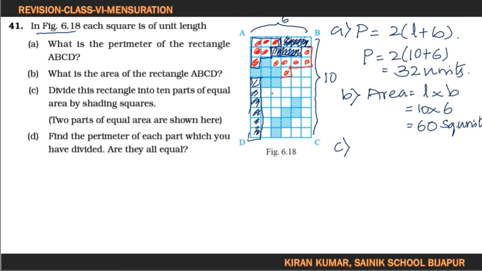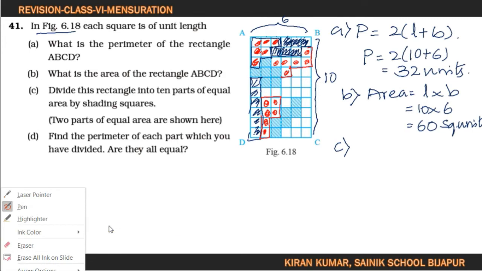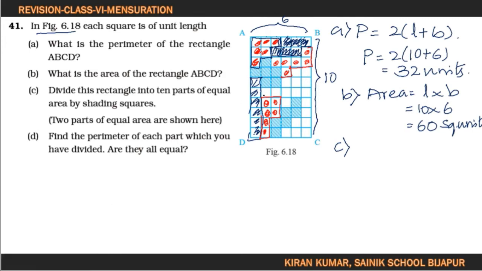Then I would like to take in this way, from here to here it is 4 plus 2, 6. 1 2 3 4 5 6. Then from here 1 2 3 4 5, one more required. I'll take it like this.